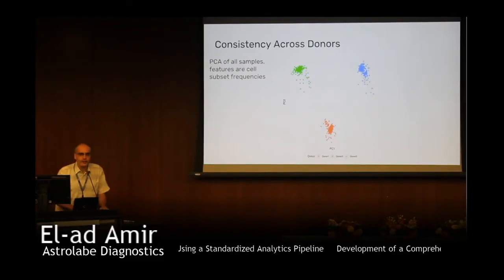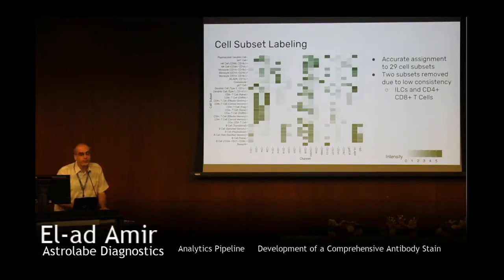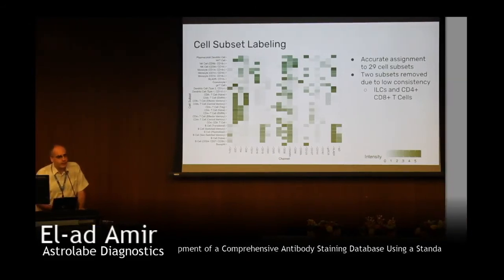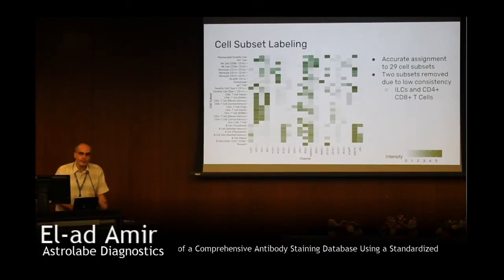Once we were happy with the quality of the data, we moved into a very classic step when doing flow cytometry and mass cytometry, which is identifying the different cell subsets. Classically, that would be done using manual gating. However, in this case, due to the amount of the data, we used the Astrolabe platform again to do that. In this heat map to the left, you see the 29 cell subsets that Astrolabe identified.